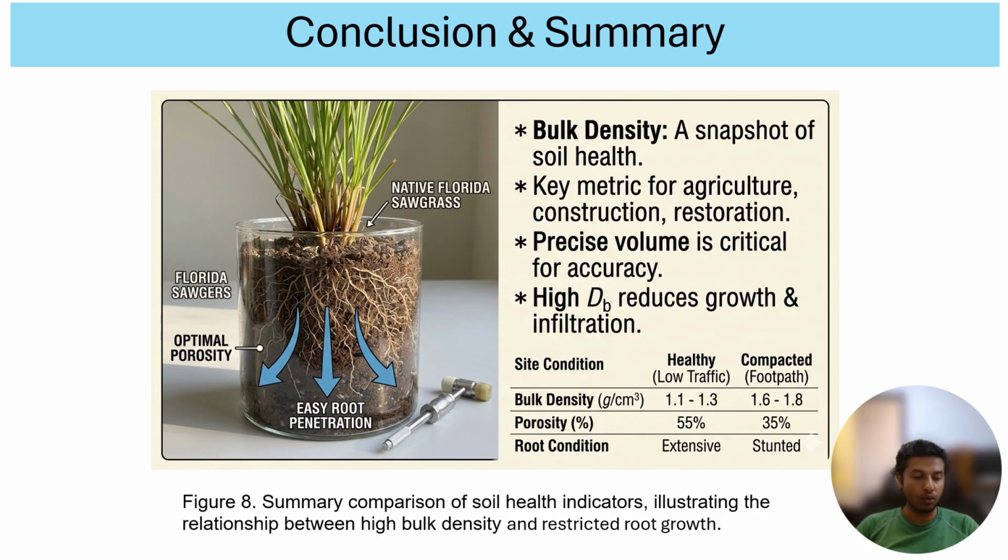By comparing low traffic areas to highly compacted footpaths, as summarized in the table on the screen, we can clearly see the negative impacts of human compaction on the root systems and the water flow. The biggest takeaway to remember for your own field sampling is that careful trimming and extraction are mandatory. Any error in measuring the volume of the soil directly translates to bad data.